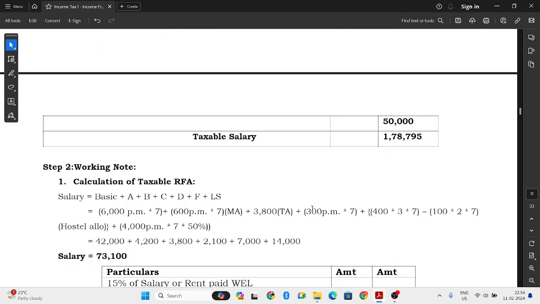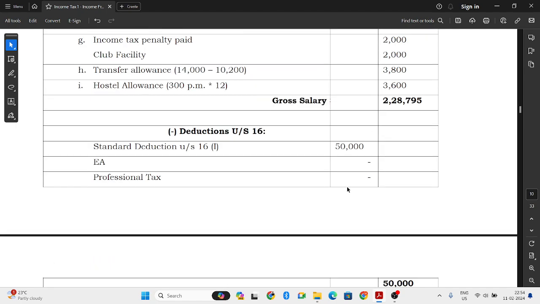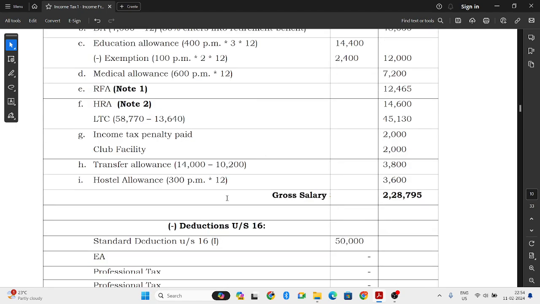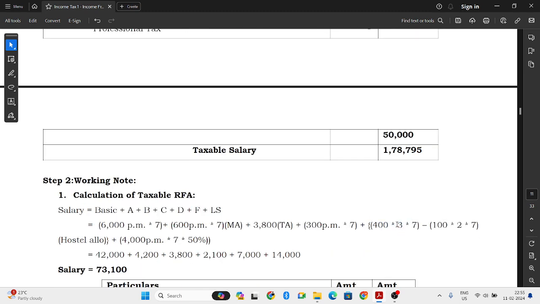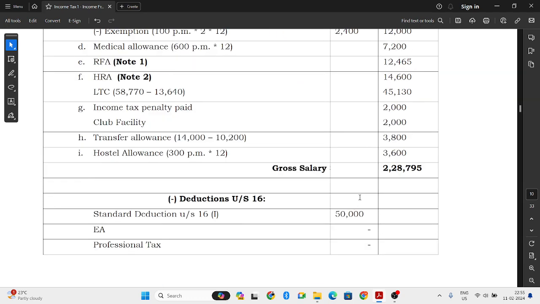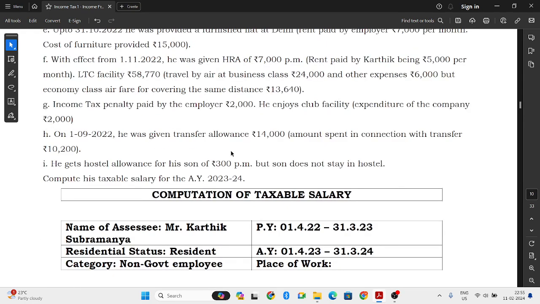hostel allowance also is there, 300 per month into 7. Hostel allowance also he has. So how that hostel allowance came is, see here, total hostel allowance, whatever the question says, we will read.